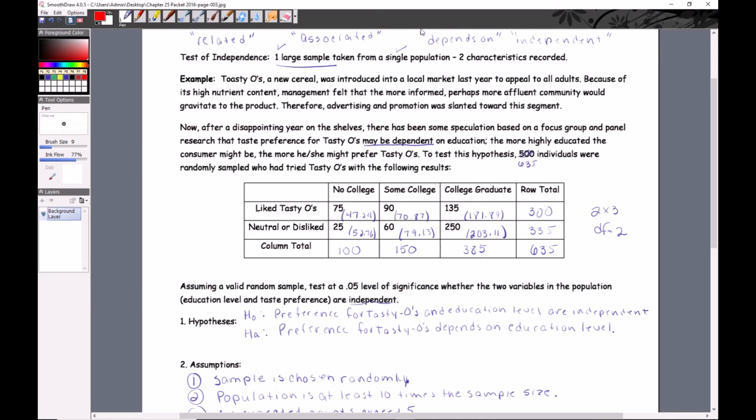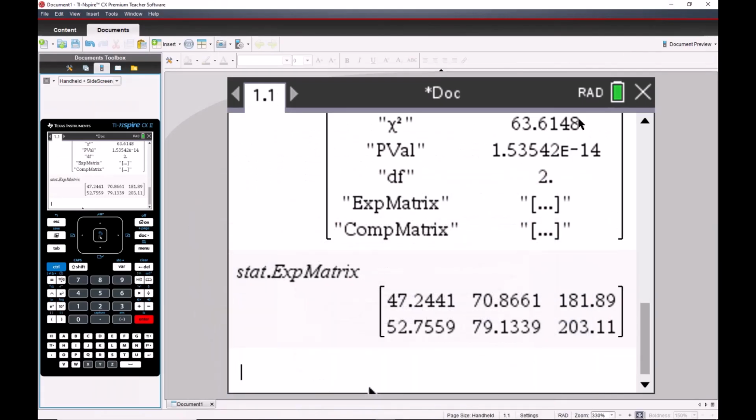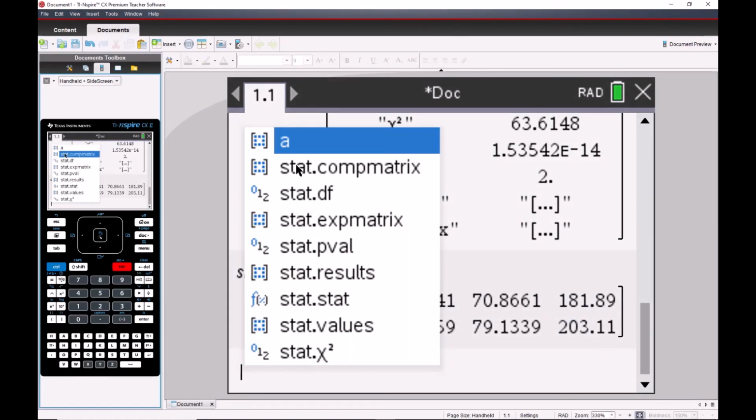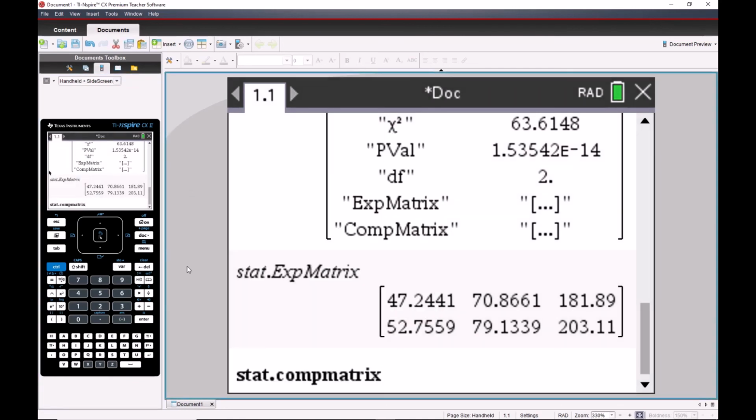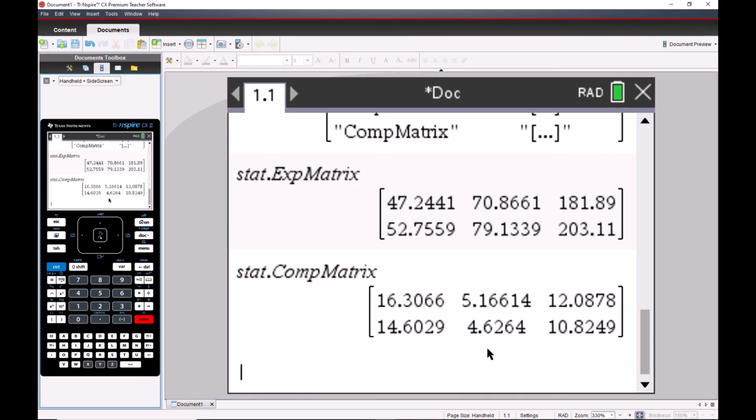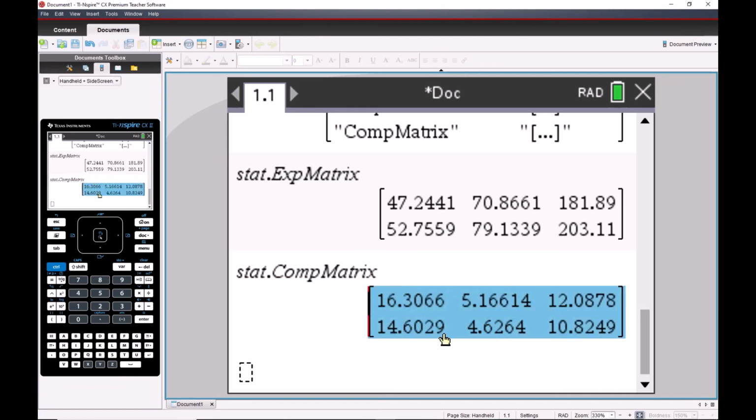No problem. Oh, I think I know what I did wrong. Okay. If we go back to the calculator and we just want to see all of those component parts of your chi-square number, just go ahead and choose it, hit enter, and it looks like this is the lowest contributor, and it looks like this is the highest contributor. If that'll help you, great. If not, don't worry about it.